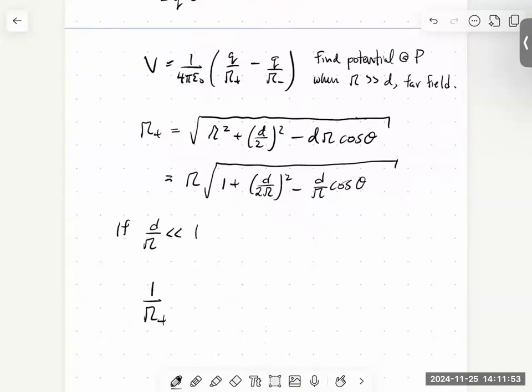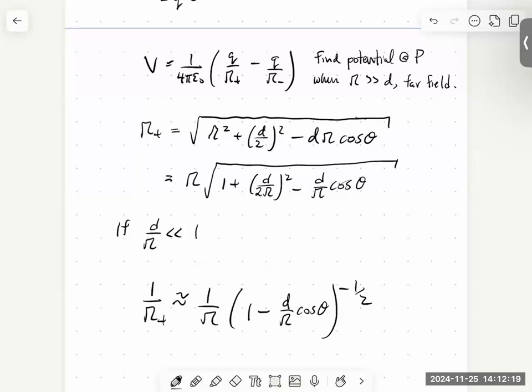So we're going to get 1 over r, first of all, approximately, and then 1 minus d over r cos theta, to the power of negative one half. So I've dropped that term.